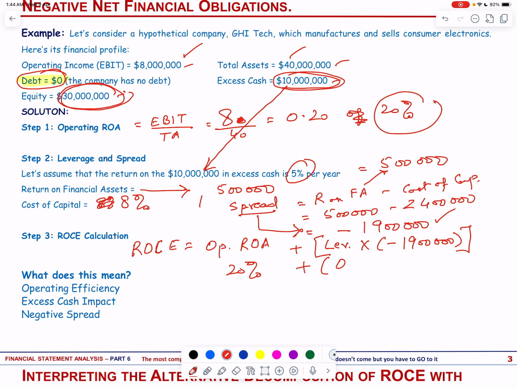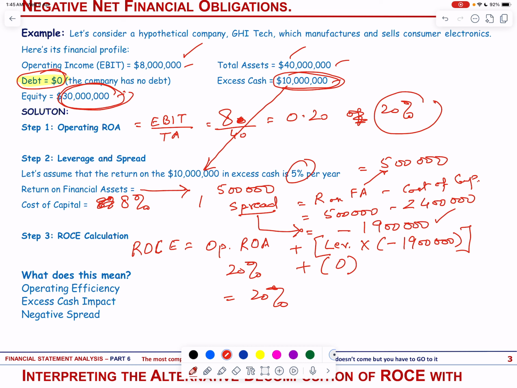So that is 20% plus 0, and 0 times minus 1,900,000 will give us again 0. So that is equal to 20%. So the ROCE is 20%, which is the same as the operating ROA because the leverage is 0.